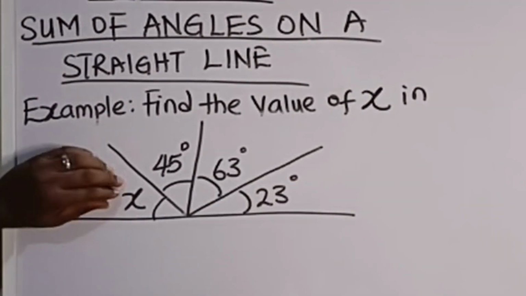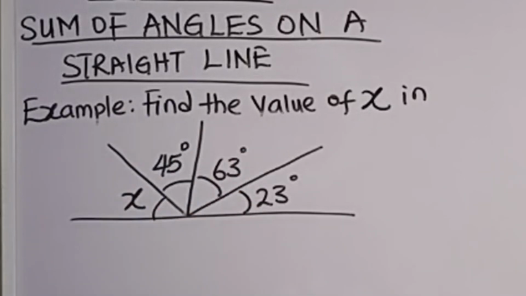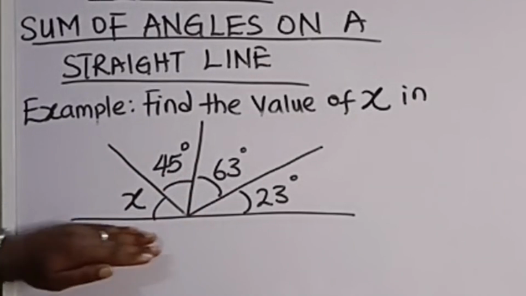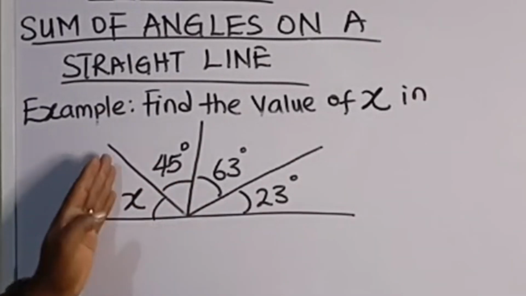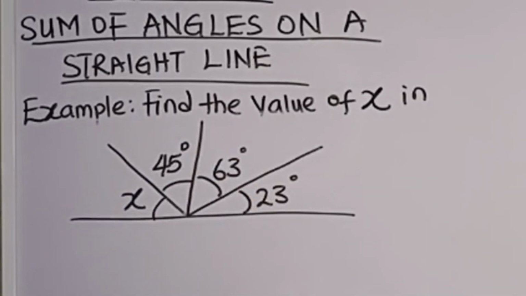So we're expected to find the value of x in this diagram here. We can clearly see that all these angles we have here are on this straight line. So we have a straight line and all these angles are on this straight line. So we can use the sum of angles on a straight line.